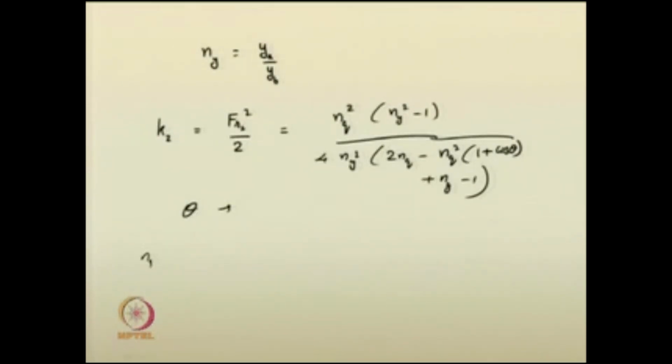Now, you know that NQ is a parameter now, that you can consider as a design parameter now. You can plot K2 versus NY. So, that way one can go with the design aspects of channel junctions.